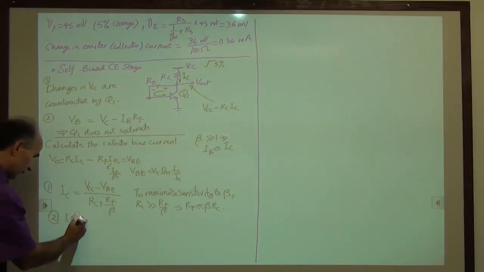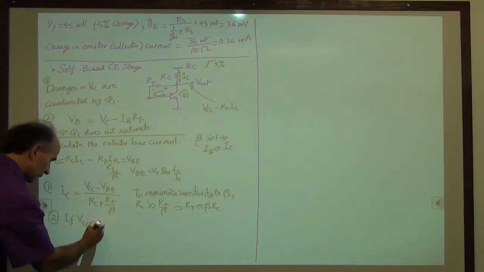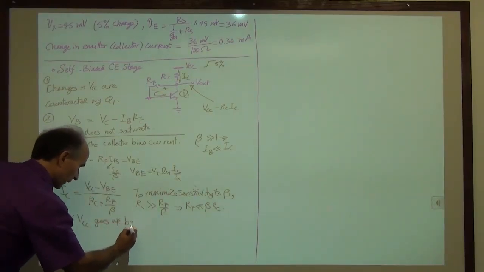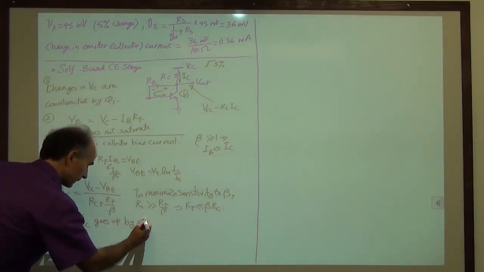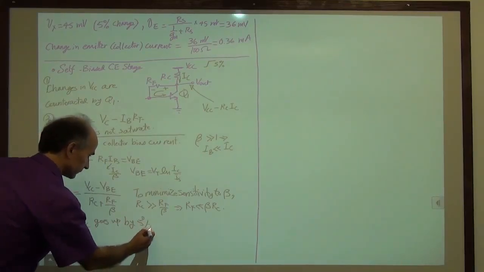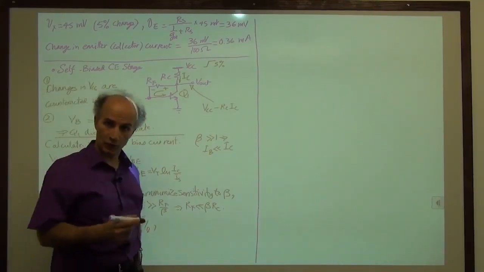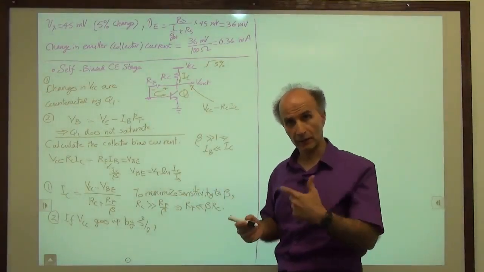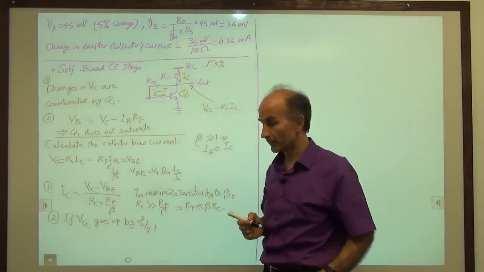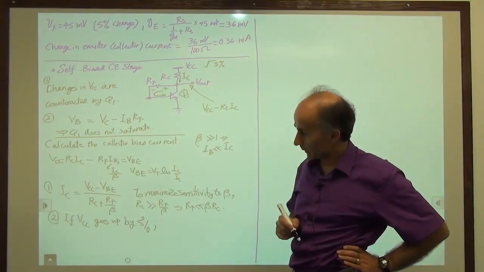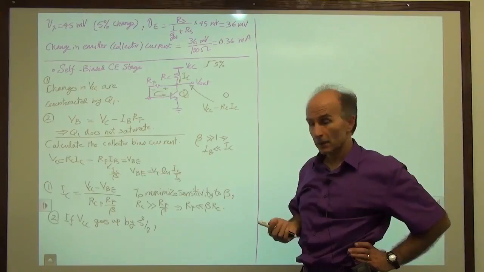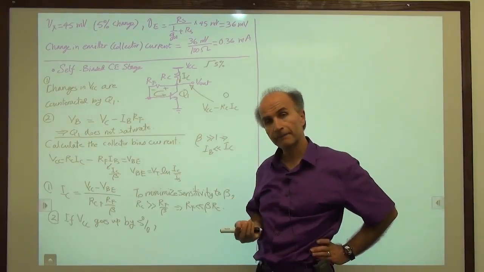If VCC goes up by 5%, so that's our usual test of supply voltage variation and then how much the collector current varies. If VCC goes up by 5% here, this amount, what happens to the collector current?